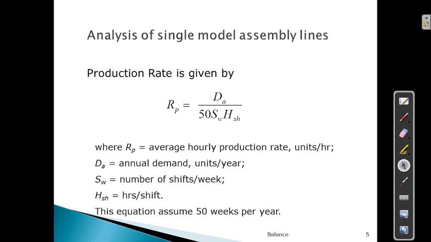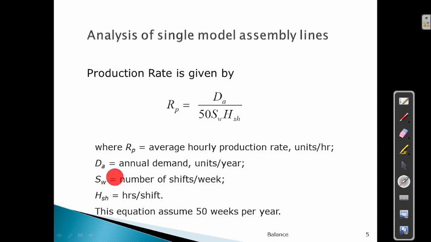Then the production rate. We can calculate the production rate with the formula Rp equal to DA divided by 50 into SW into HSH, where Rp is the average hourly production rate with the unit of units per hour.